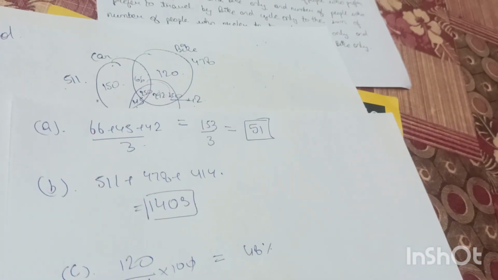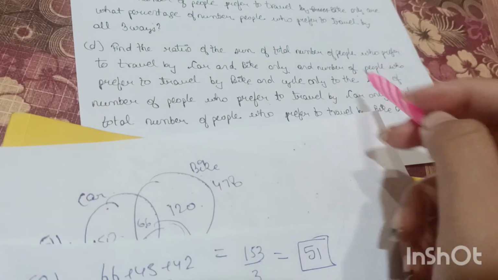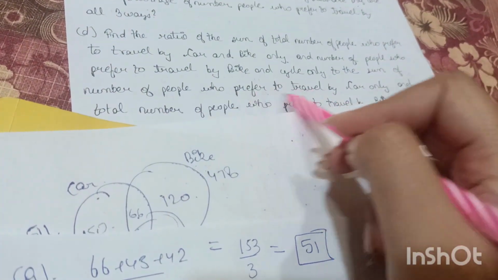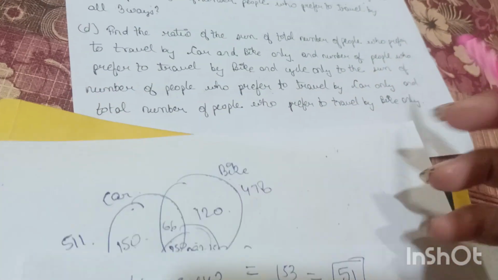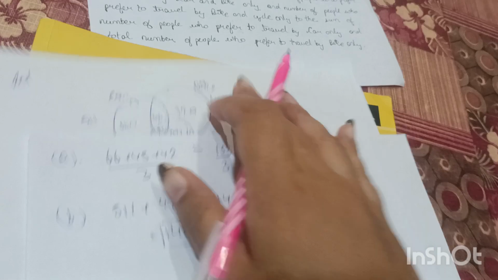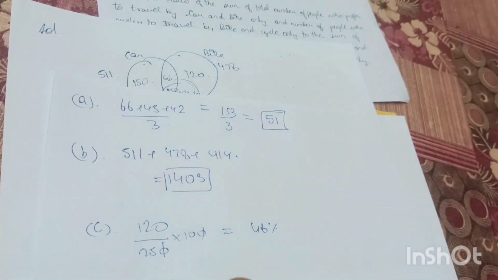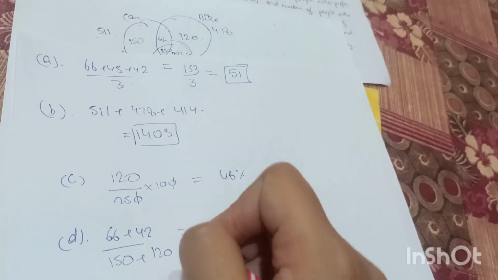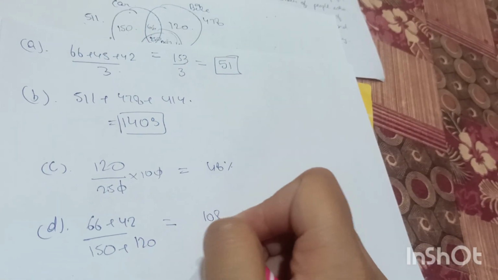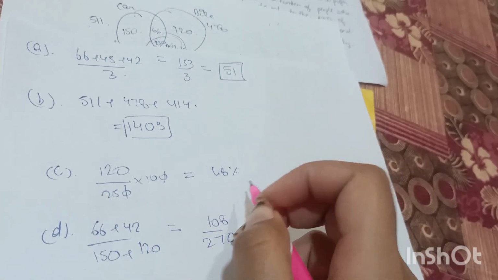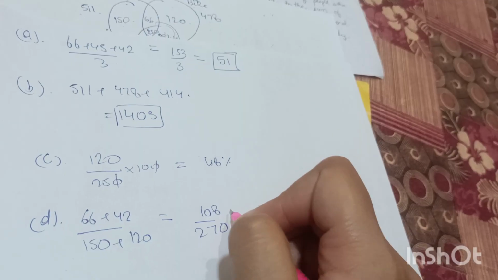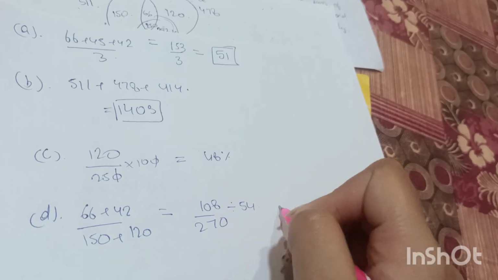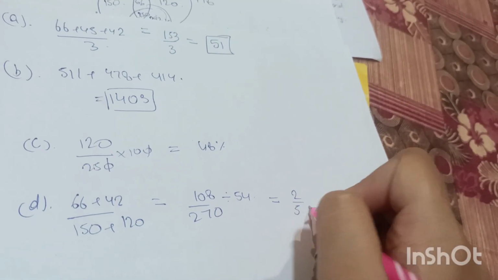So 42 upon the sum of people who travel by car only and bike only. Car only is 150 and bike only is 120. When you calculate it, you will get 108 upon 270. You have to divide it by 54, and you will get the ratio as 2 upon 5.